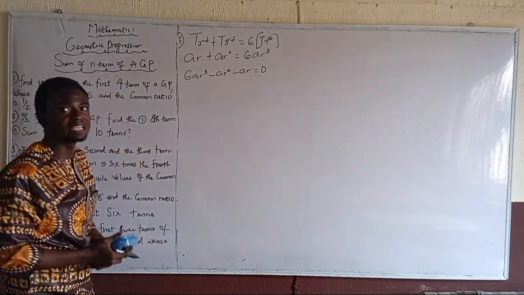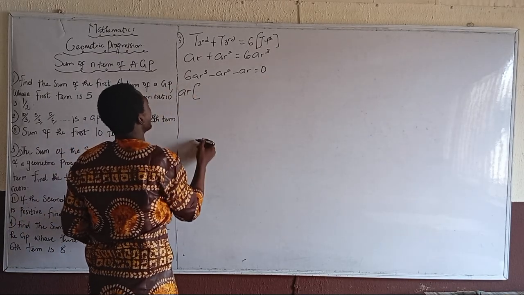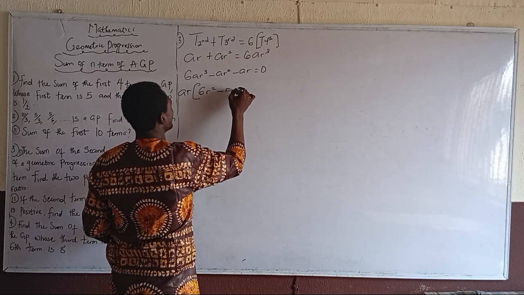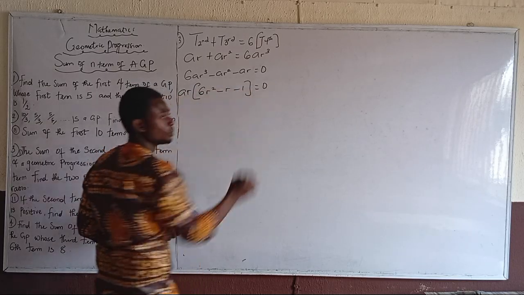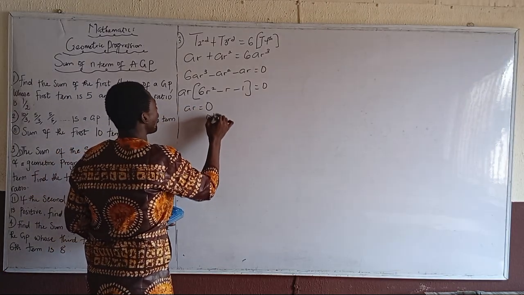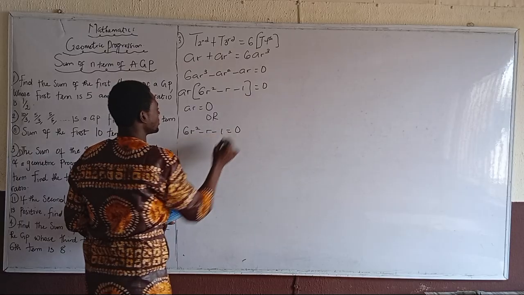Now what is common here is AR. Since AR is common here, I have 6R squared minus R minus 1 equals to 0. Which means that AR equals to 0 or 6R squared minus R minus 1 equals to 0.